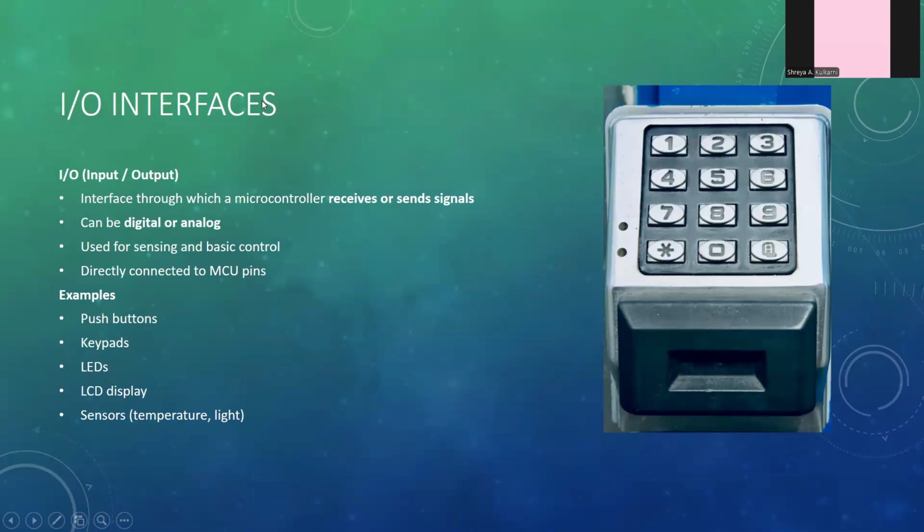Then we looked at the input output interfaces. These are the interfaces through which the microcontroller receives or sends signals. It can receive signals from the physical environment and send signals to the outer world. The signal received can be digital or analog, and if it's analog, it is converted to digital using ADC.